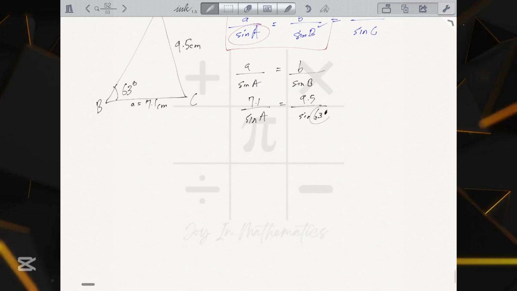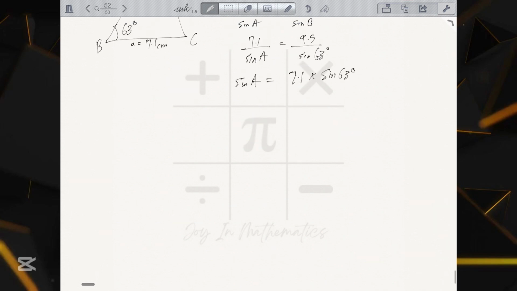So with this now, we can make sine A the subject of the formula. Therefore, sine A will be equal to 7.1 multiplied by sine 63 degrees divided by 9.5. Simplifying this with our calculator because of time, 7.1 multiplied by sine 63 divided by 9.5.